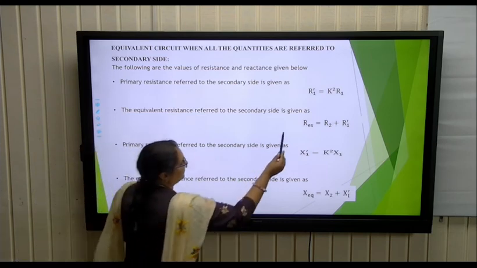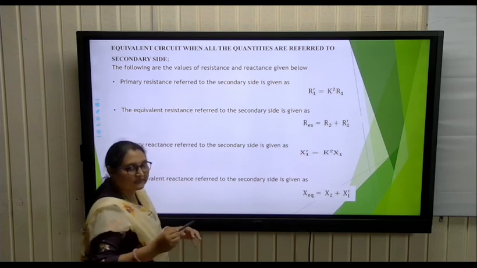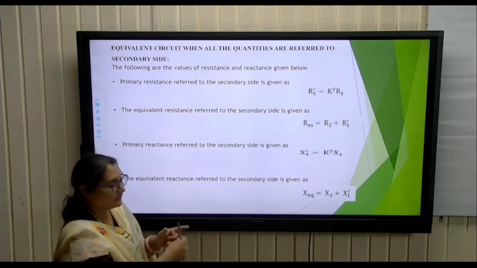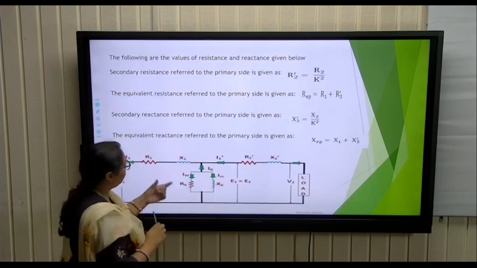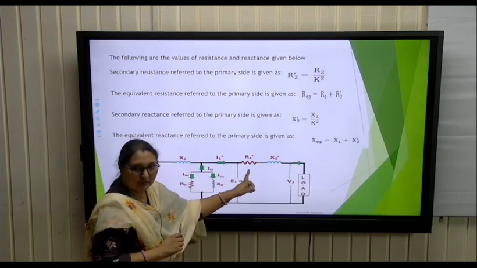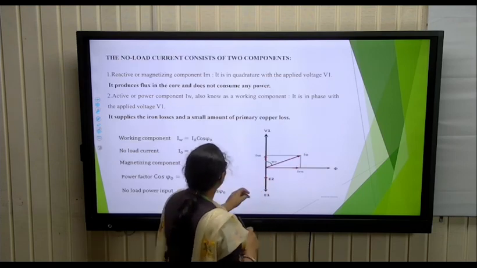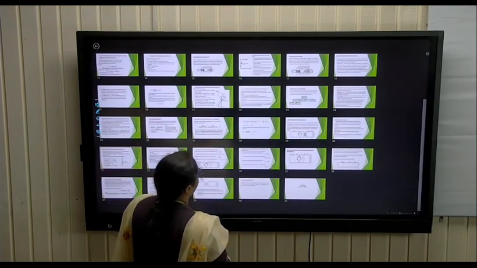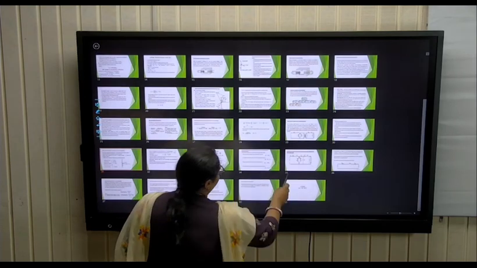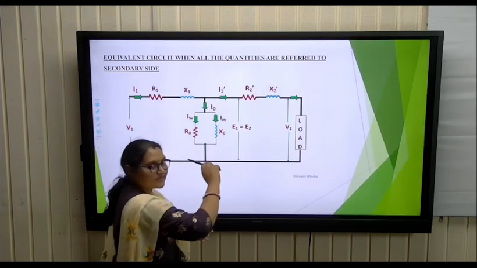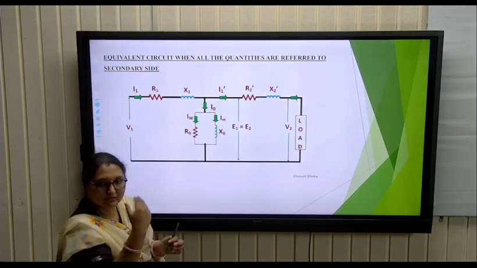See, R1 dash is the resistance which is going to be reflected on the secondary side. Here this is R2 dash. What was R2? R2 was the resistance on the secondary side.